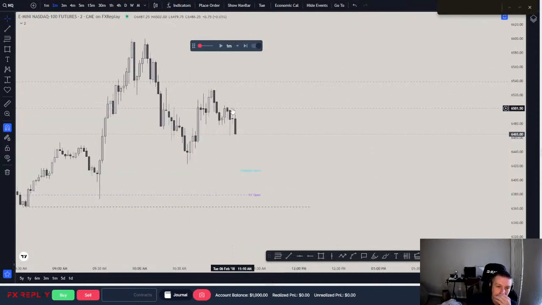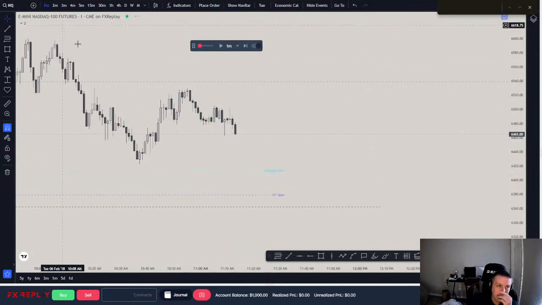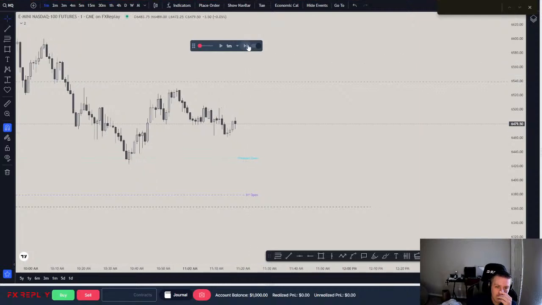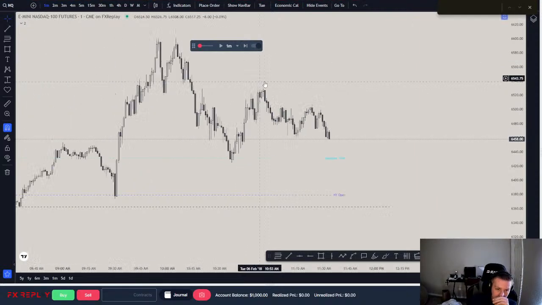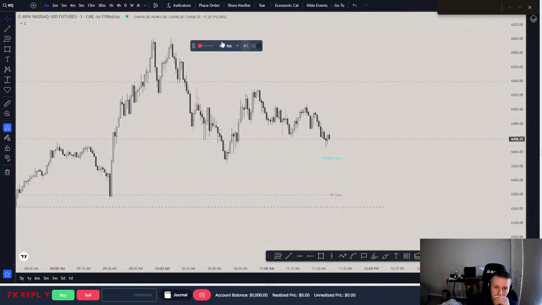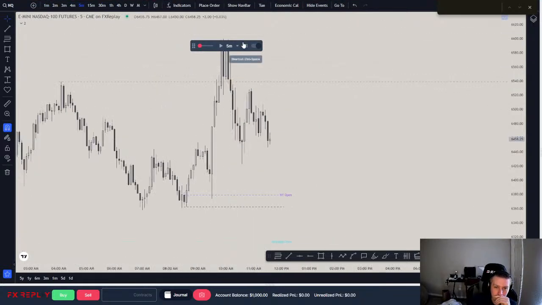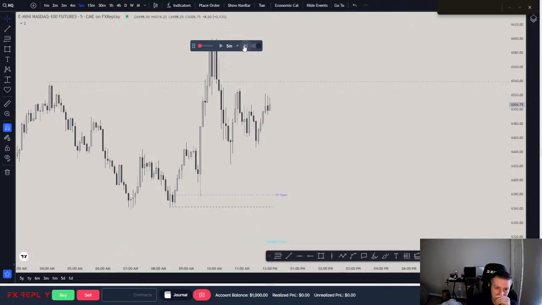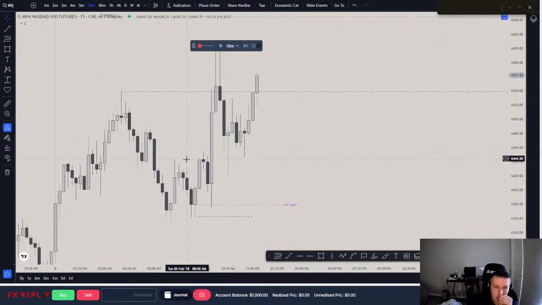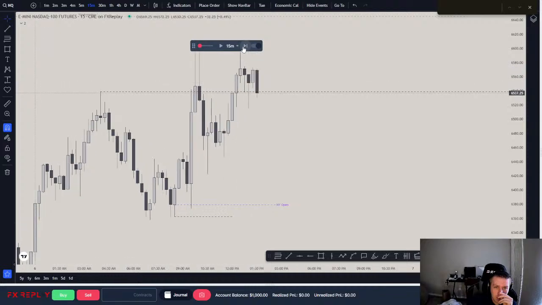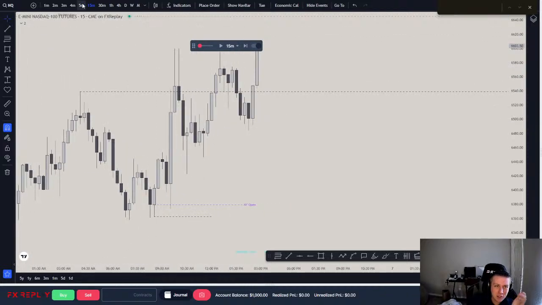Plus, I mainly try to get engaged before 11, because sometimes I could get fooled. So we're retracing right there. 5 minute. And let's just skip this. Yeah, see what I'm saying? We want to run back to these highs, and then we're kind of just consolidating.